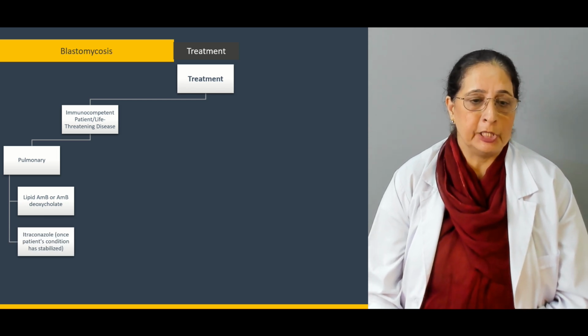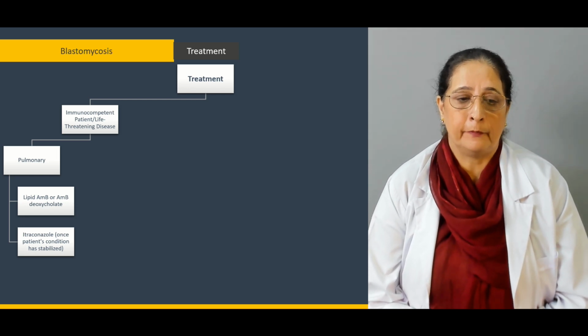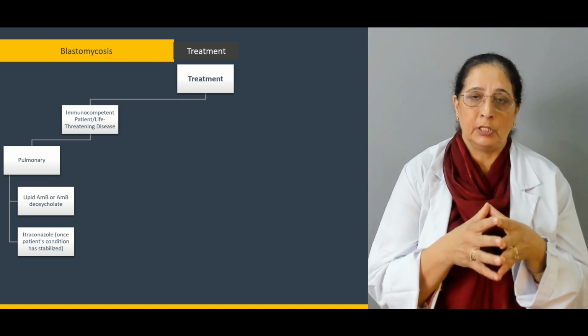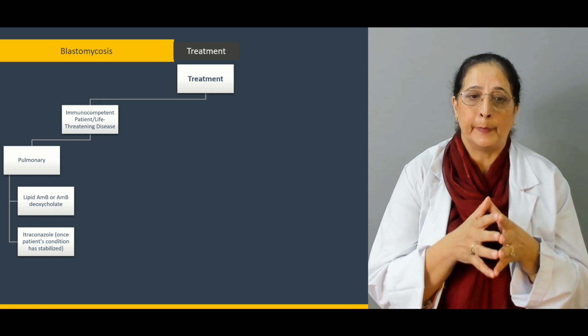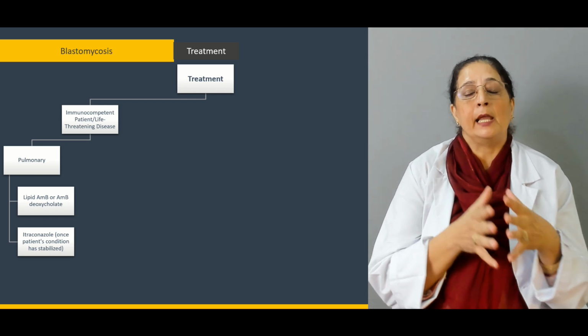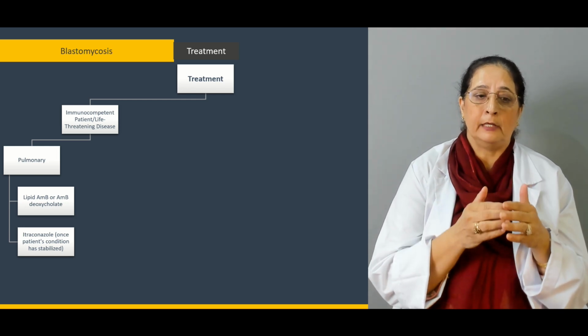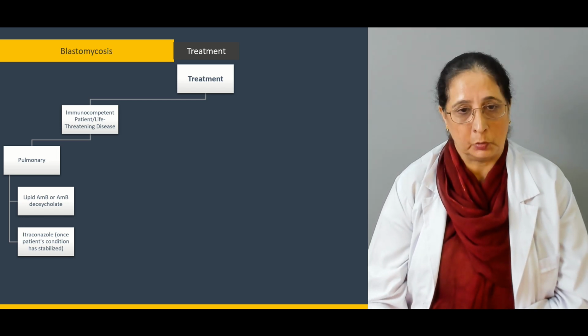Itraconazole, once the patient's condition has stabilized, then we treat them with itraconazole. So immunocompetent patients, which are not immunocompromised, with life-threatening diseases. These are the patients with the lung infection, amphotericin B and itraconazole.